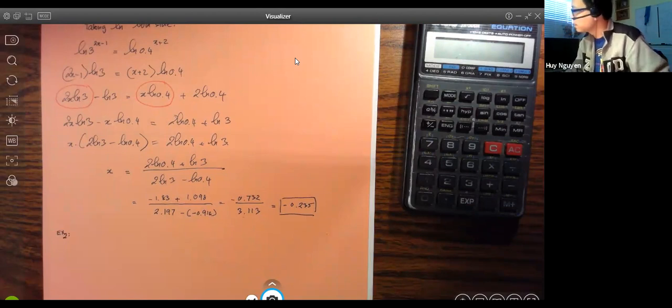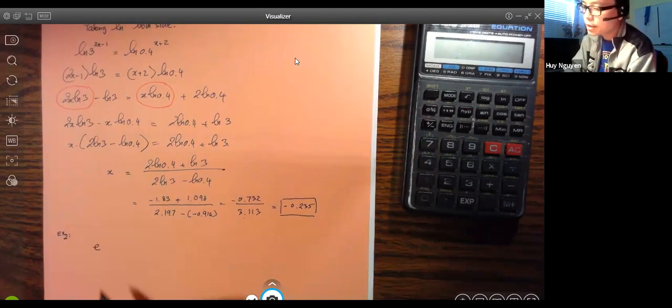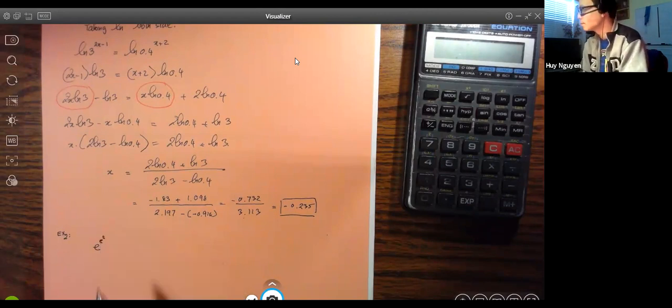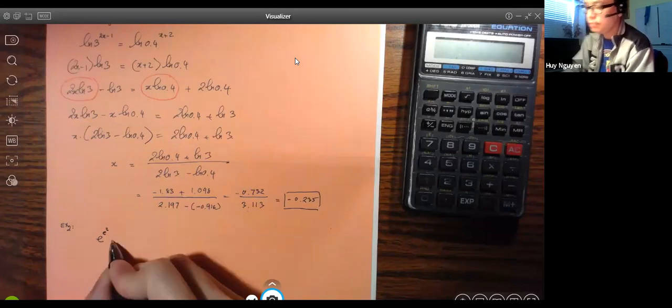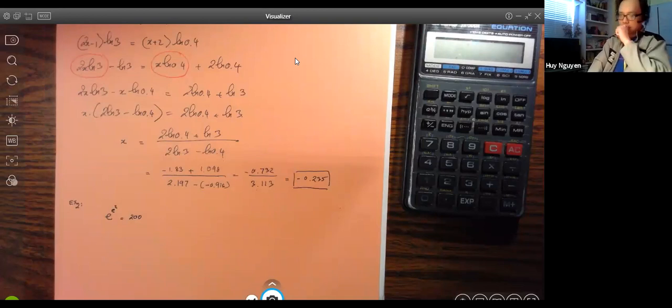I have something like this. E raised to x squared equals 200. So we have the big E right here, and it is the base.